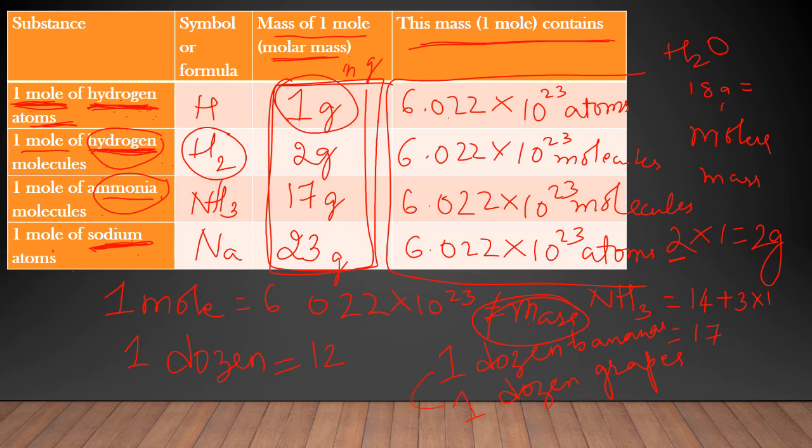Obviously, both of them will not have equal mass, but in both cases we have the same number. We have 12 bananas and 12 grapes because it is 1 dozen. The number is the same, but the mass is different. Same thing here. Whenever we say 1 mole, the number will be the same, but the mass will differ based on what we have.